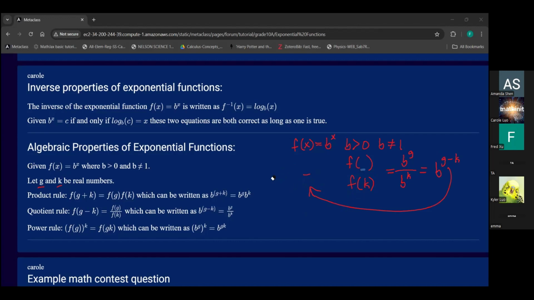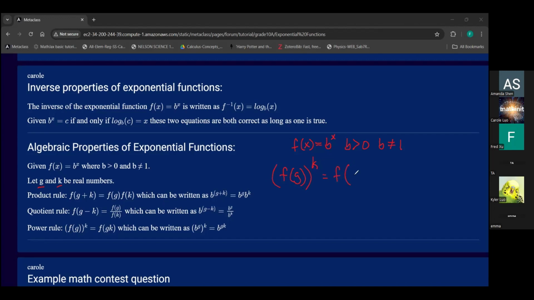And finally, we have the power rule. So we have f of g, and we have this function of k. Now remember, this g is an exponent, meaning that you can basically move this k inside.